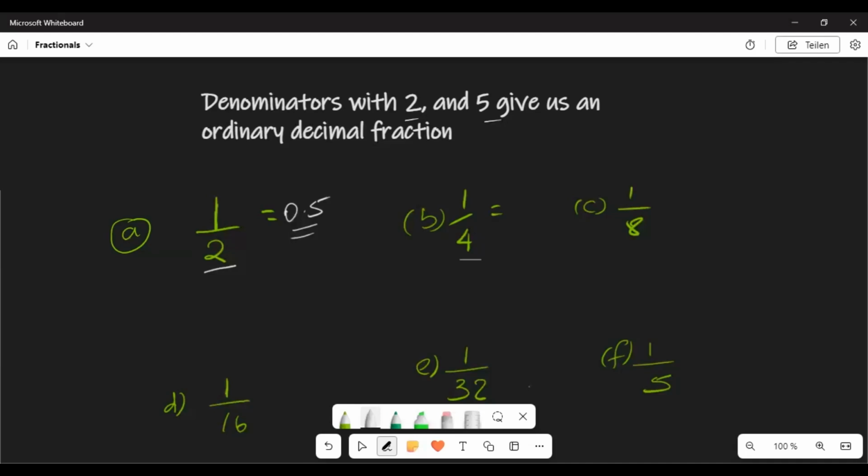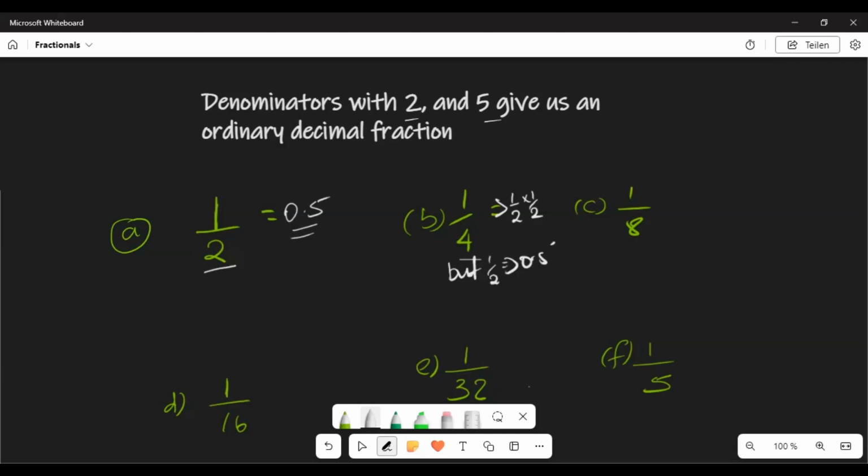So 1/4 into decimal. 1/4 is equivalent to 1/2 multiplied by 1/2, okay? But we say 1/2 is equivalent to 0.5.